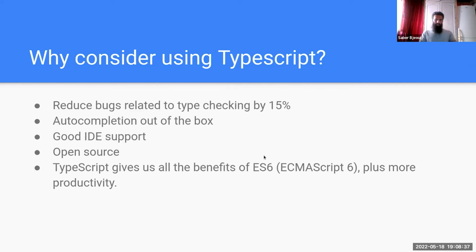So now, why consider using TypeScript? As we said, TypeScript adds more functionality to JavaScript, and the main advantage is that it will reduce bugs related to type checking. As we know, JavaScript is a dynamically typed language. That means in JavaScript, you don't specify the type when you declare a variable.